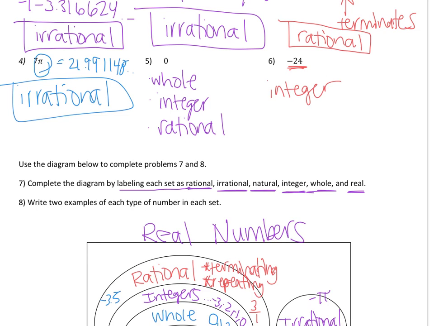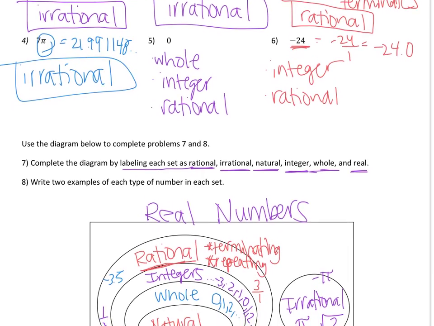And then it's also going to be considered a rational number because you could rewrite this as negative 24 over 1. That's what rationals are. They're fractions or decimals. So it's also just going to be a terminating decimal, so that's why it's going to be considered rational.